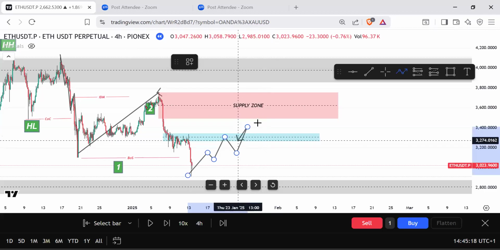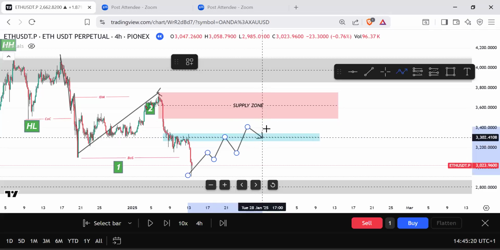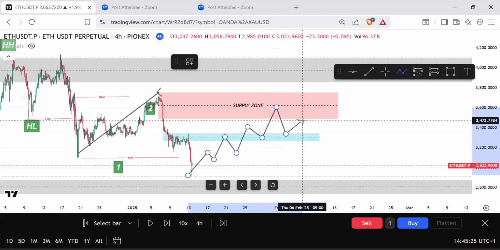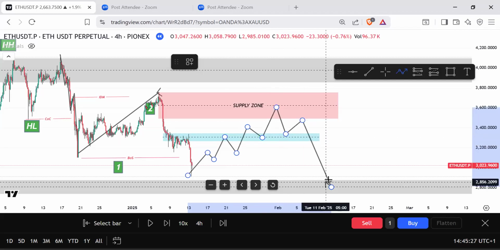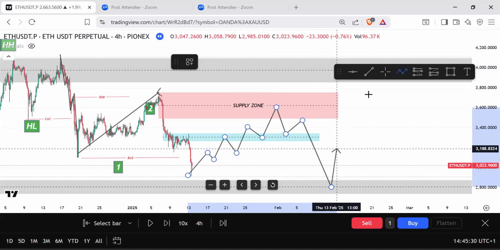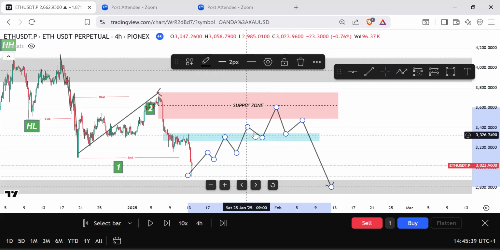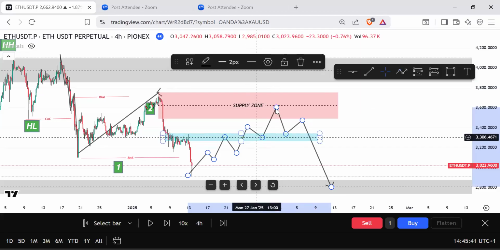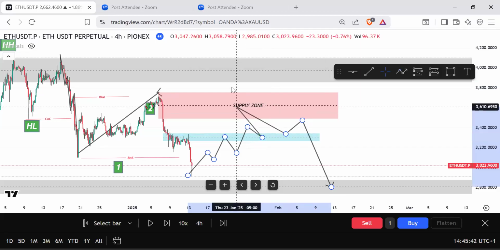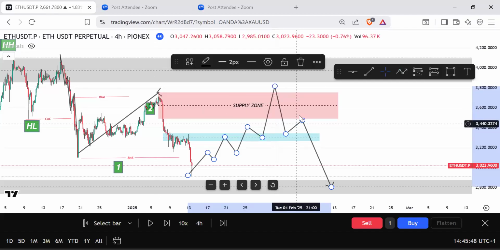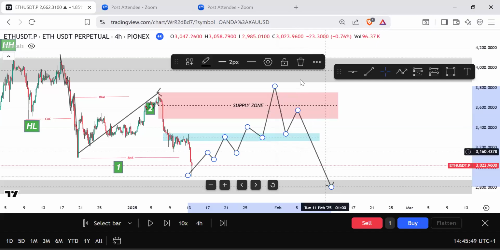Price can do something like this, come here, and go back. That is not a proper trend change, it is just a cross only. So it's until it breaks above here, correct, the structure of the market.